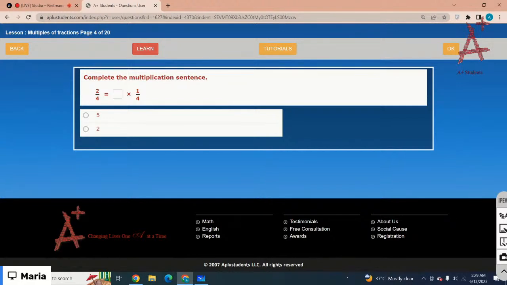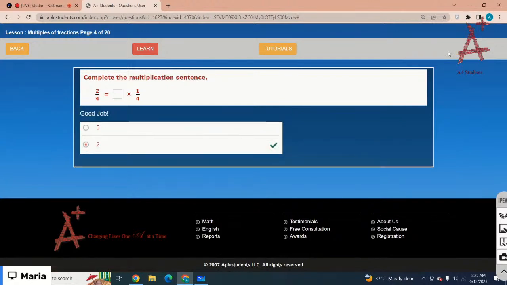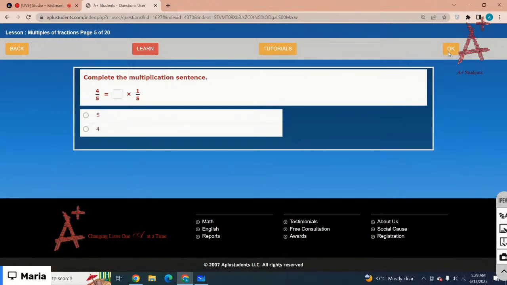Yes, it would be 2 times 1 over 4. The missing number is 2. 2 times 1 over 4 makes 2 over 4. Okay, 4 by 5 equals the missing number times 1 over 5. So which is the correct option? Which number is missing?